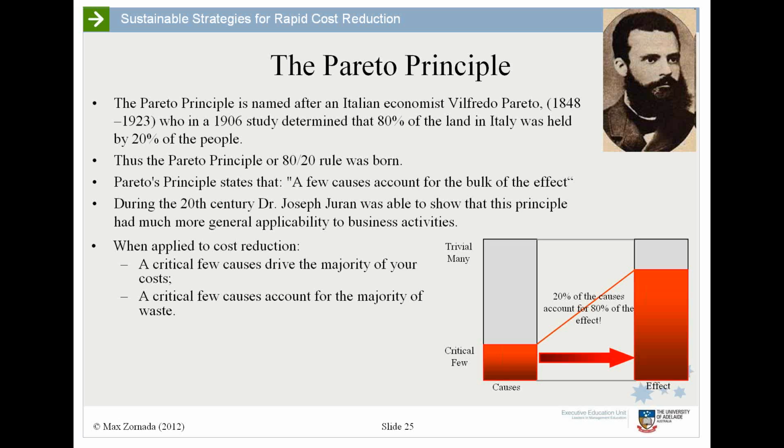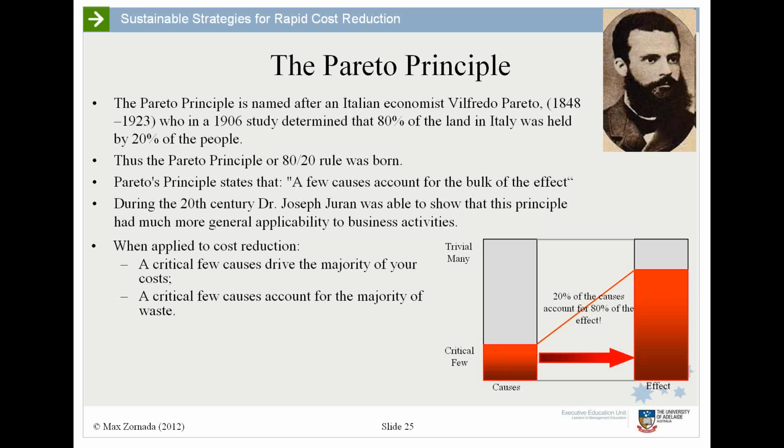It's named after Vilfredo Pareto, an Italian economist who did a study in 1906 in which he determined that 80% of all the land in Italy was owned by 20% of the people. That came to be known as the 80-20 rule, or the Pareto principle, which in general terms is that a few causes account for the bulk of the effect that we observe.